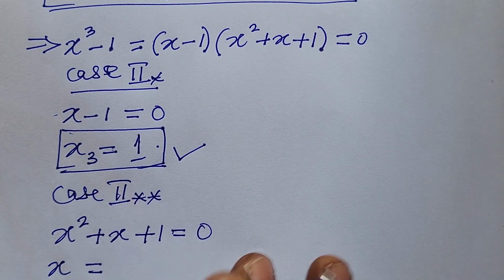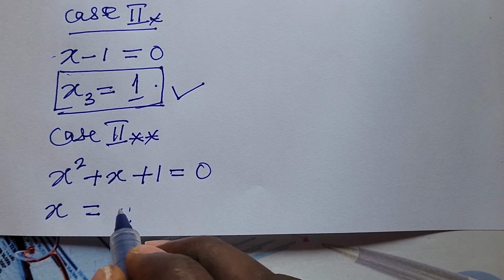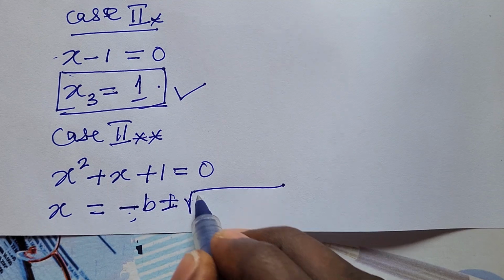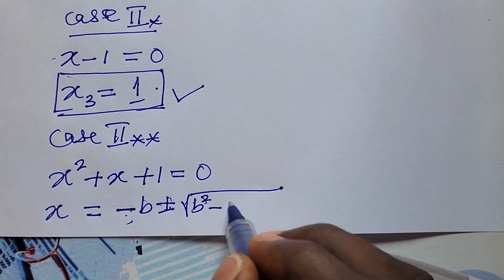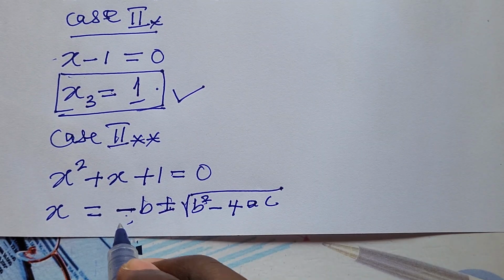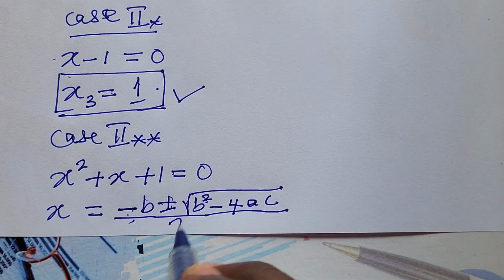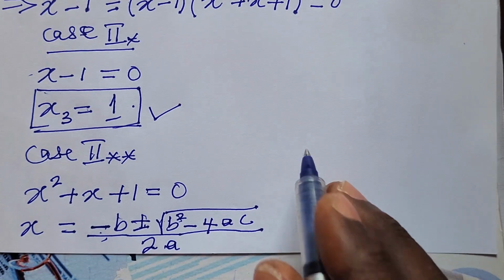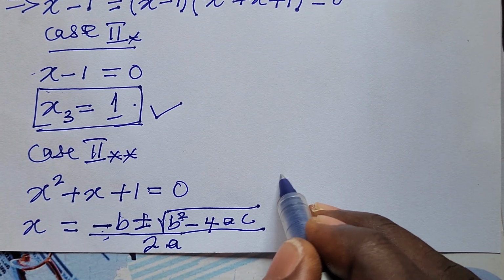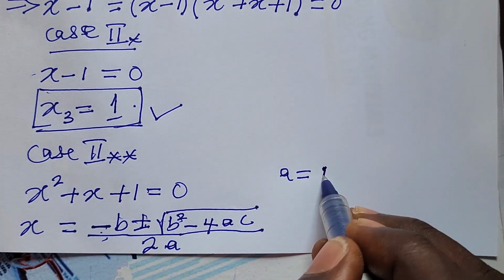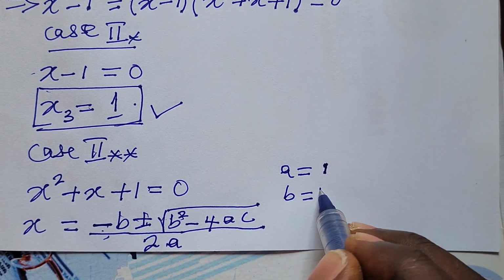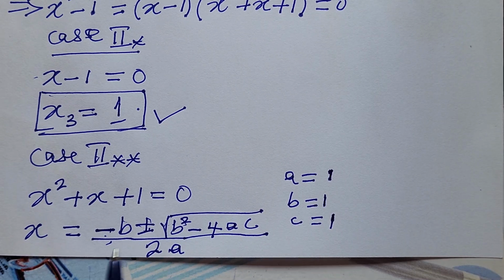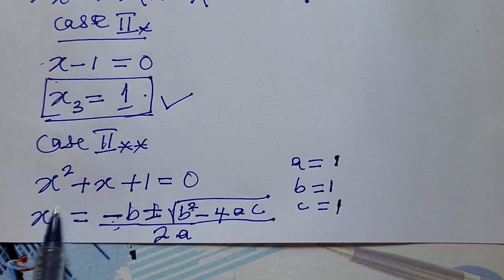Our x is equal to minus b plus minus the square root of b squared minus 4ac, everything all over 2a. So we can bring out our a, b and c from here, right? So we have a is equal to 1, b is equal to 1, and c is equal to 1 also. Okay, so let's go ahead and put these values into this formula and see what this gives us.